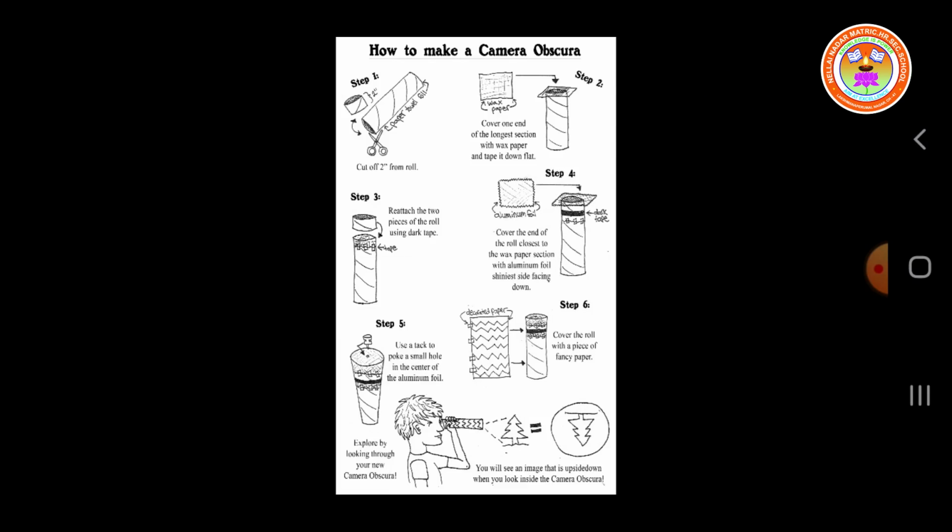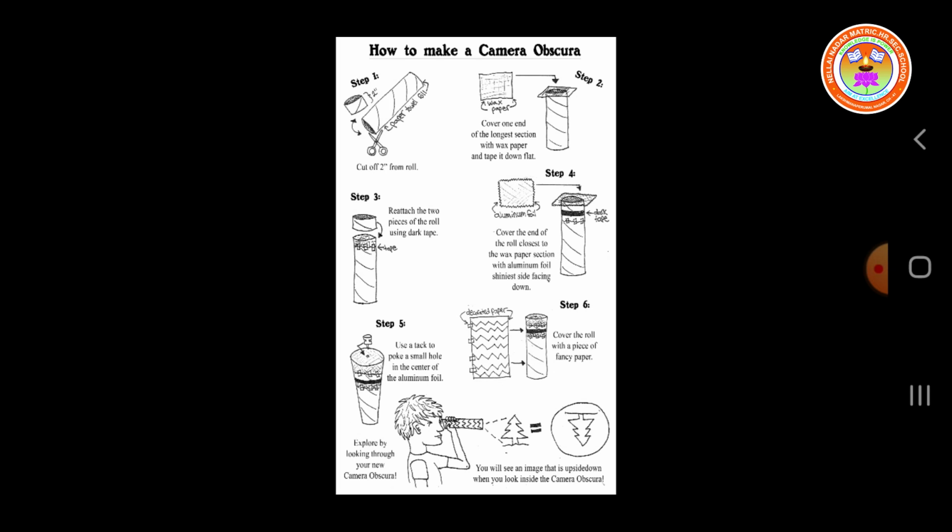Procedure. Make 2 tubes using thick paper as shown in the figure. One tube should be slightly smaller in diameter so that it can slide into the other tube without leaving much gap between the tubes.